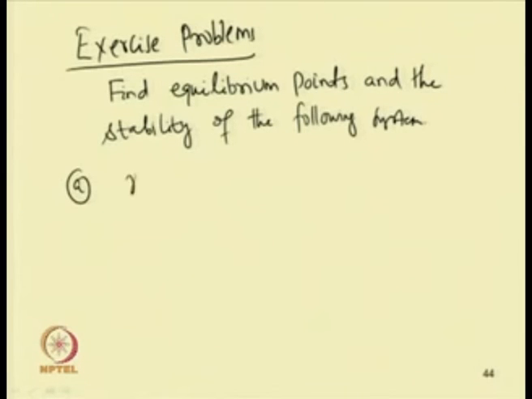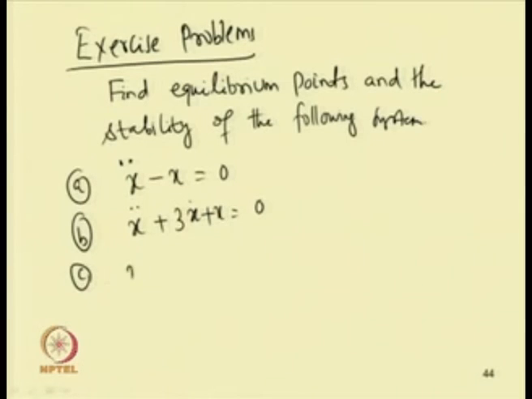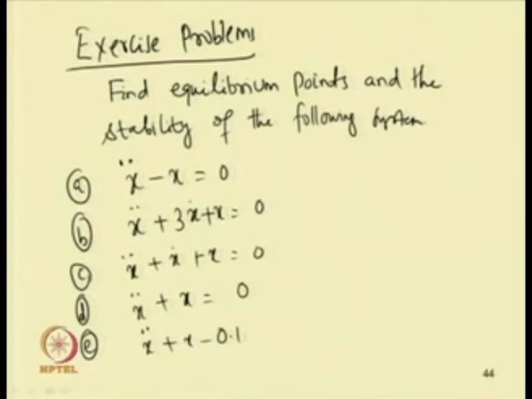Let us take this simple example, x double dot minus x equal to 0. Then x double dot plus 3 x dot plus x equal to 0, then x double dot plus x dot plus x equal to 0. Then x double dot plus x minus 0.1 x cube equal to 0. These systems we have almost studied, and one can first find the equilibrium position.